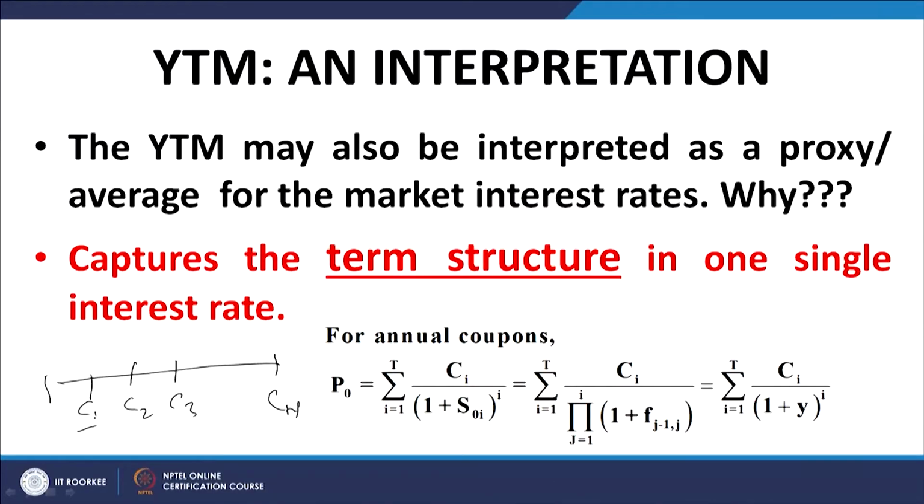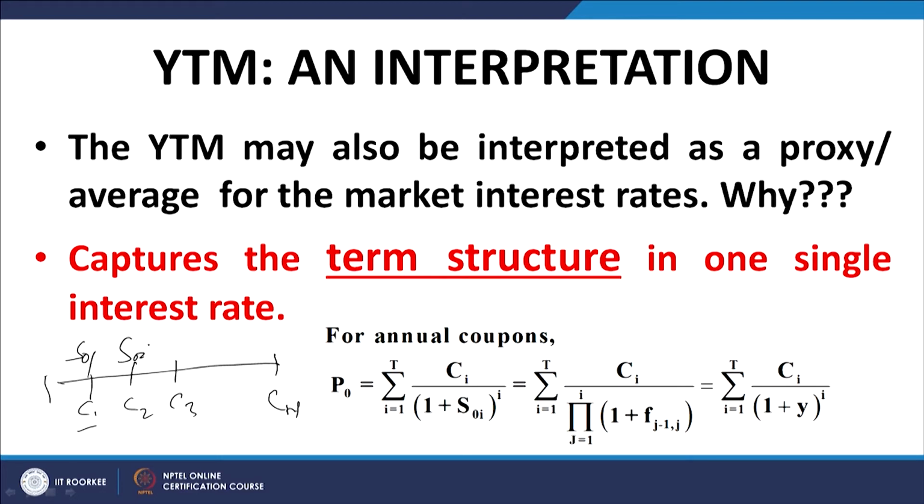because when you invest in a bond, you get cash flows at different points in time, it becomes necessary to use different rates for discounting those cash flows to work out their present values. For example, in the case of cash flow occurring at the end of the first year, you will require a rate which is the first year spot rate S01. For a cash flow that occurs at the end of the second year, that has to be discounted at a rate of S02, and so on.